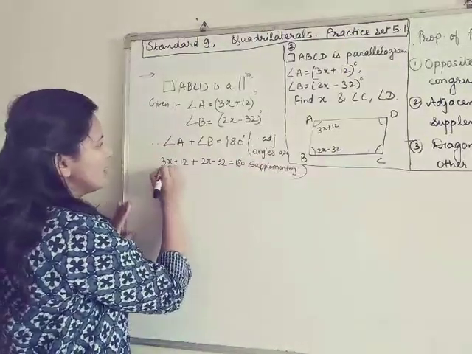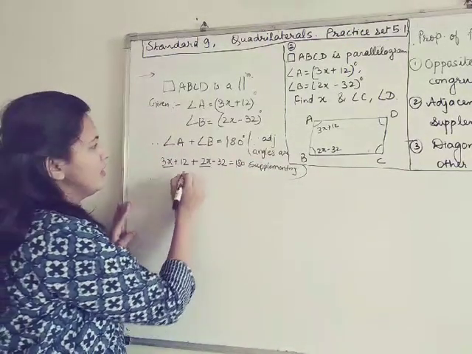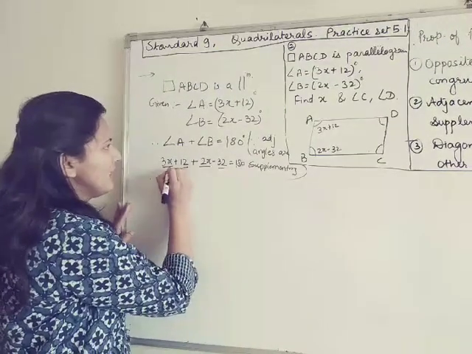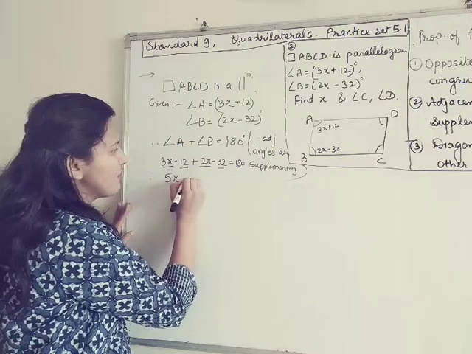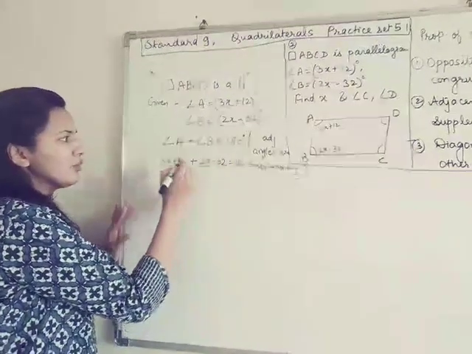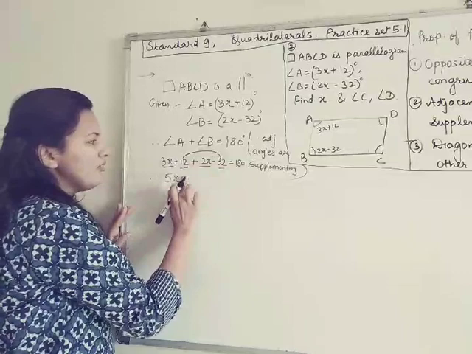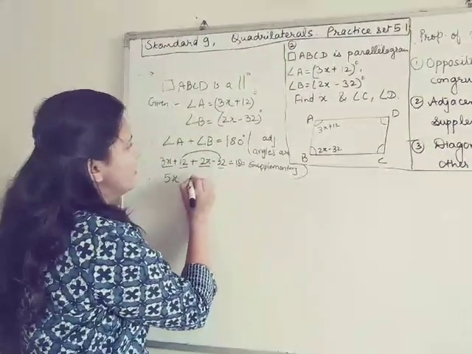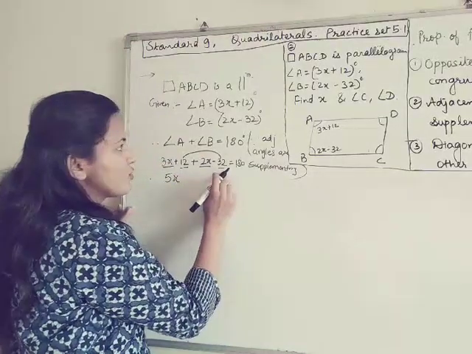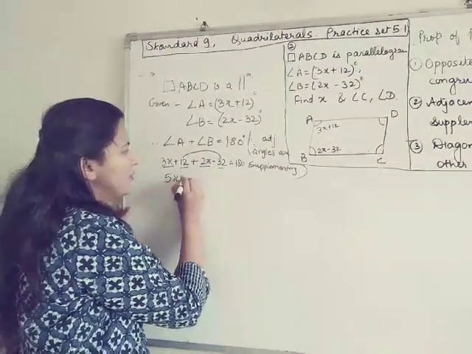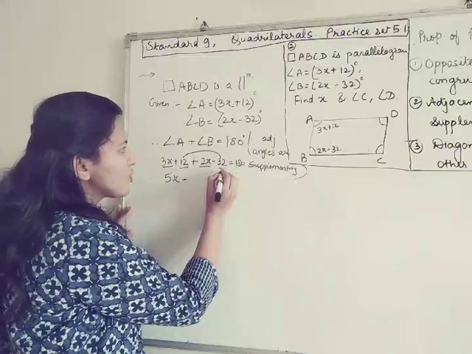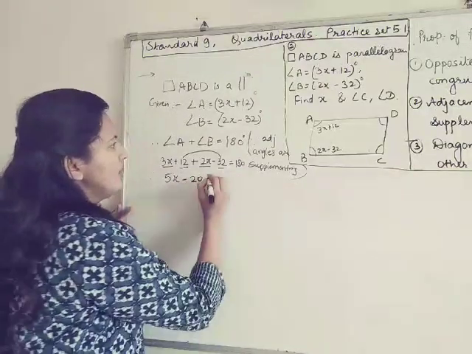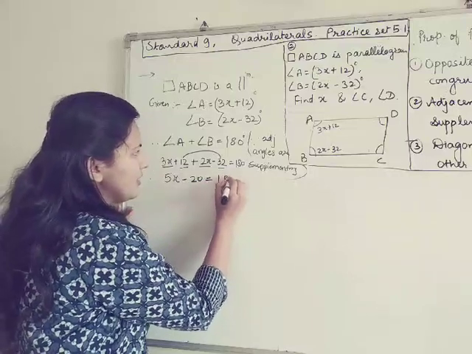Okay, so these are like terms and these are constants. Like terms we need to add, that is 2x plus 3x is 5x, plus 12 minus 32. It is opposite signs, so the sign of the greater number will be minus. So 32 minus 12 will be 20, is equal to 180.